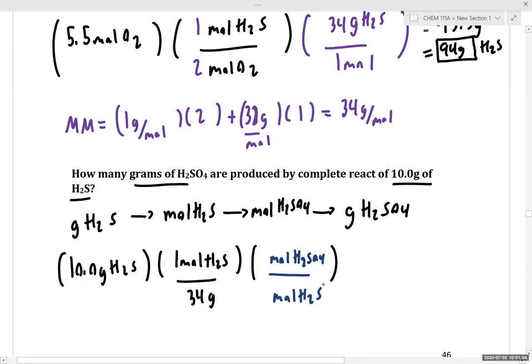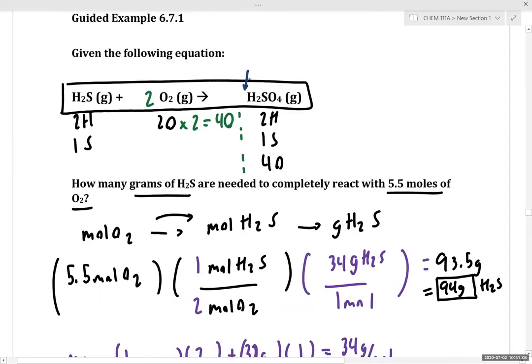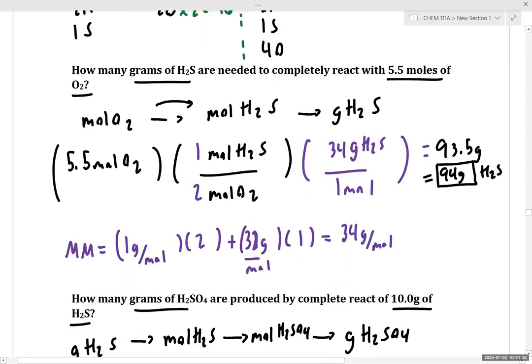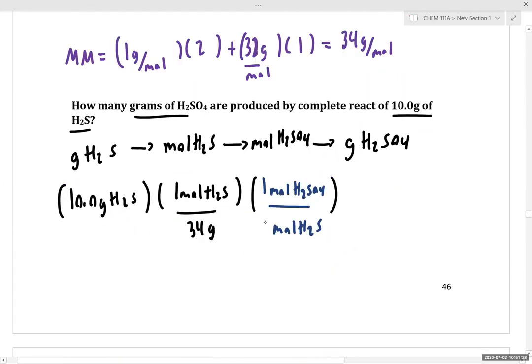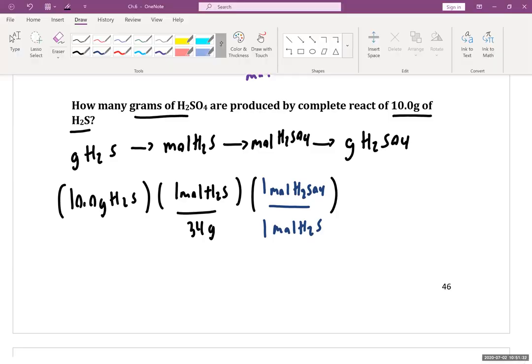So looking at our equation, what is the ratio of sulfuric acid to hydrogen sulfide? What is our mole to mole ratio? 1 to 1. So we have 1 mole of sulfuric acid per 1 mole of hydrogen sulfide.